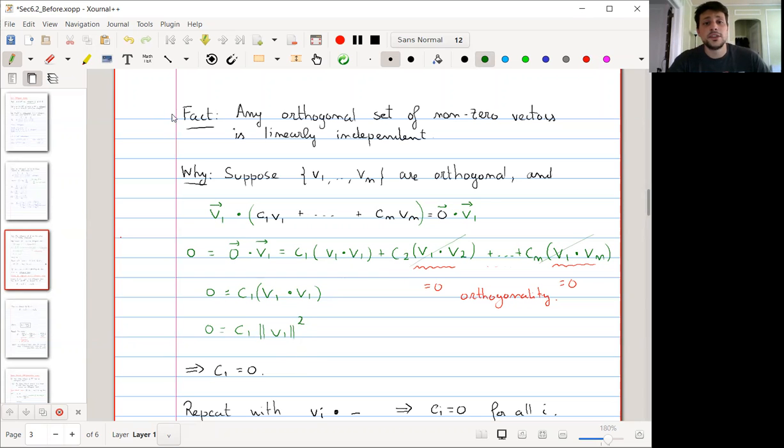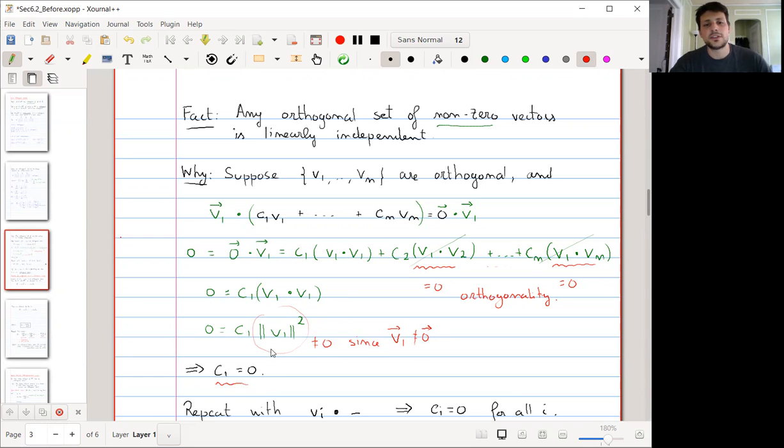And in this fact here, we are assuming that vectors are non-zero. But if you have a non-zero vector, then its norm will be non-zero as well. So this is different from 0, since v1 is different from the 0 vector. But then the only way that I have c1 times something non-zero equals 0 is that c1 itself is equal to 0.